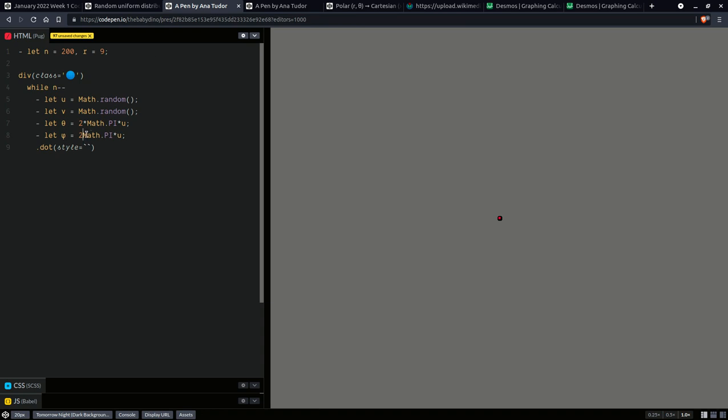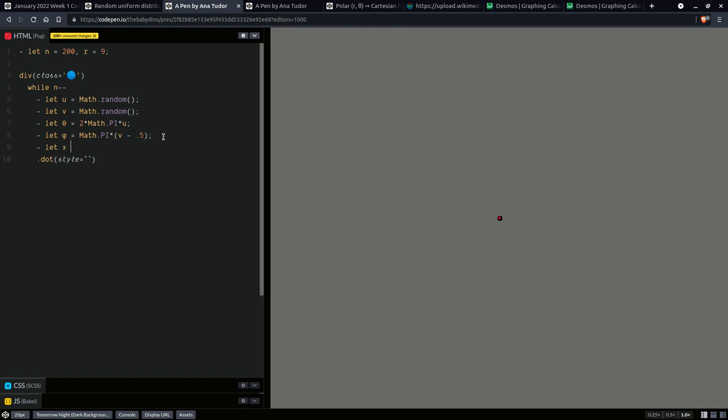So we're going to have pi times V minus pi over 2, 90 degrees, which is the same as 0.5 times pi, right? And we can bring out that pi in front, and we're going to have something like that.